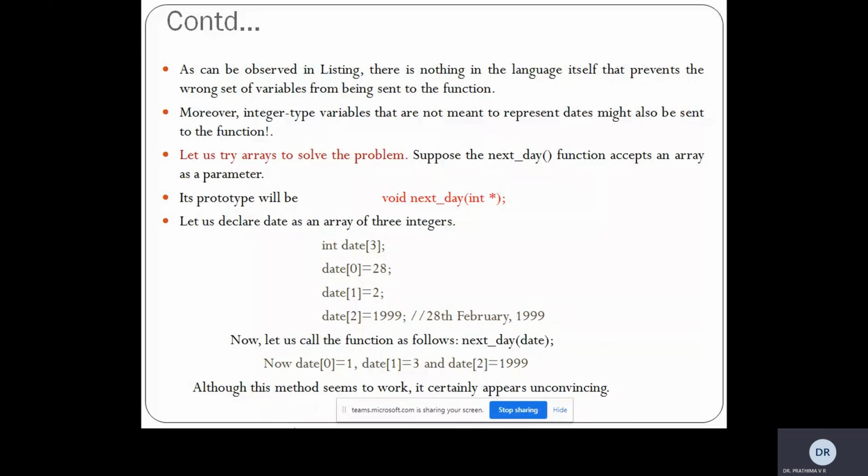Now let us call the function, where I am setting the date indexed at 0 with 1, the date indexed at 1 with a value of 3, and the date indexed at 2 with a value of 1999. Although this particular method seems to work, it certainly appears unconvincing whenever I make a call to the second prototype.